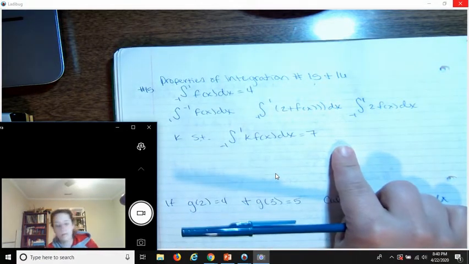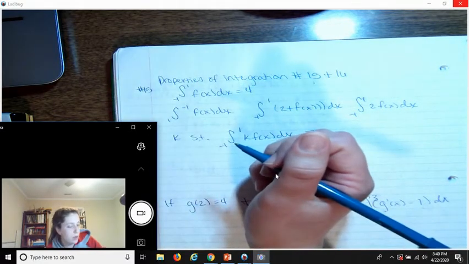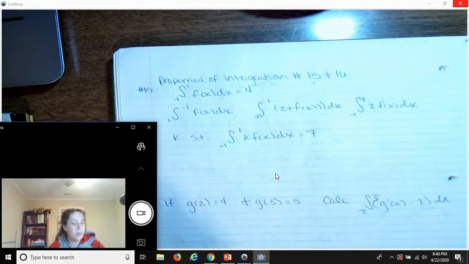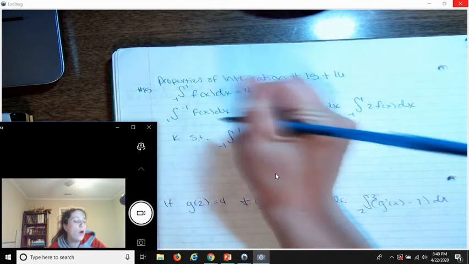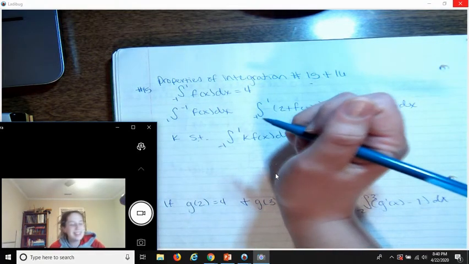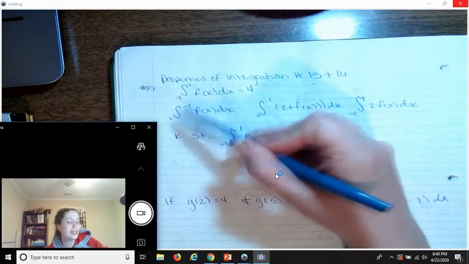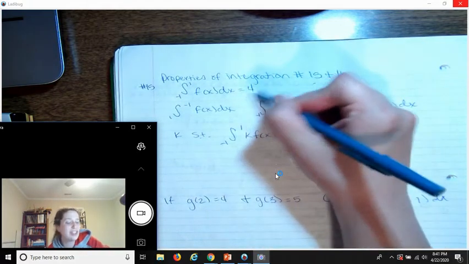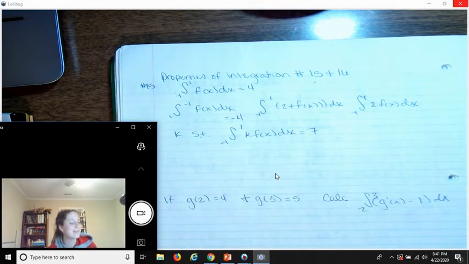Okay, so for the first one, this one just should be this. Do you see how the limits of integration are switched? It's just the opposite. So this is just -4. Tricky.